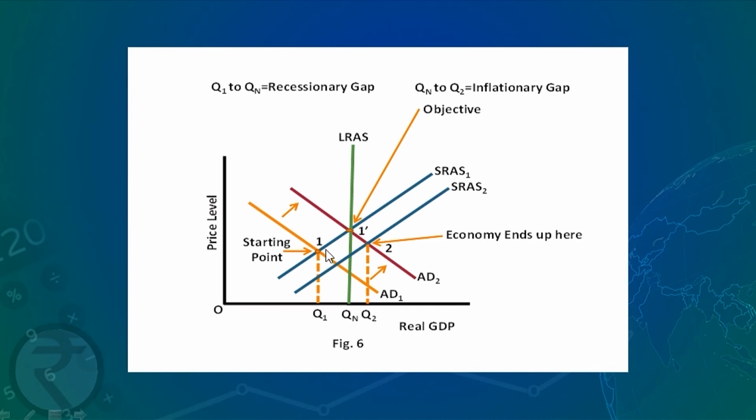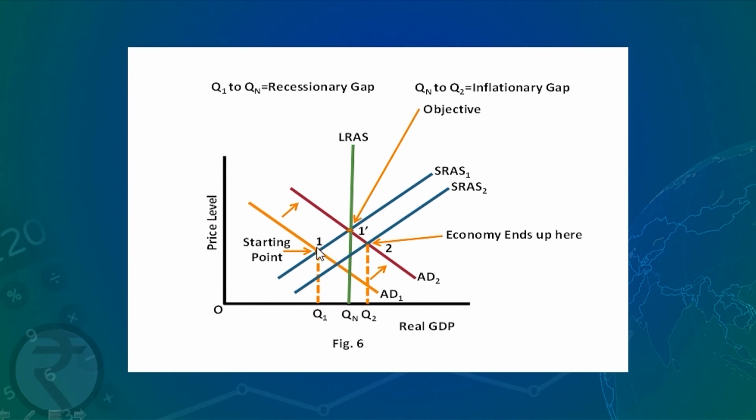Now, the objective of the economy is to reach point 1 dash, where we have the natural rate of real GDP, that is OQN. So, aggregate demand is expected to be shifted to AD2 by making use of expansionary fiscal policy. When the economy is at OQ1, there is a recessionary gap from OQ1 to OQN.